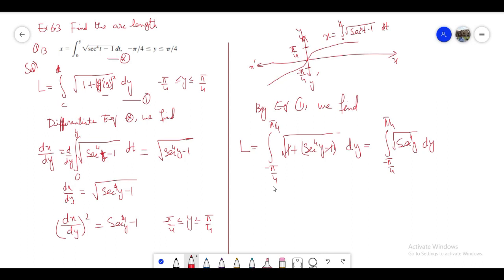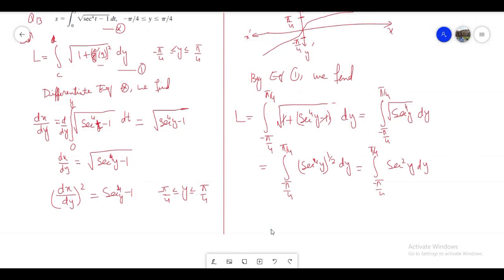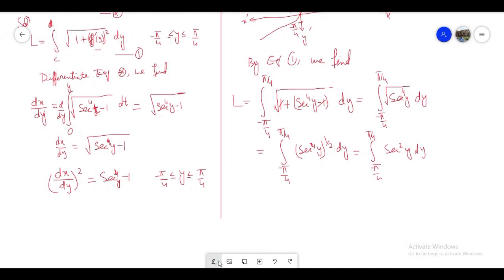And since the root is 1 by 2, the power cancels out. Altogether we have from minus pi by 4 to plus pi by 4 the secant squared y dy, because of this square root property, and we all know that the integration of secant square y is tangent y.